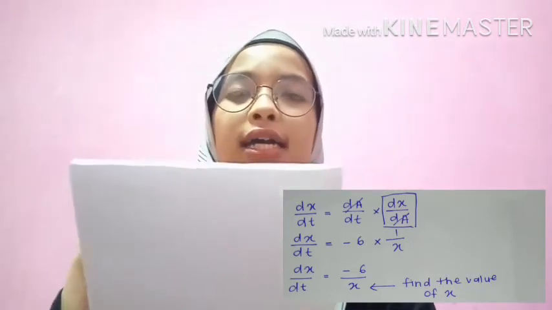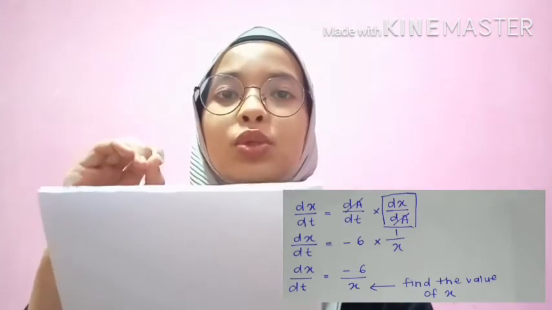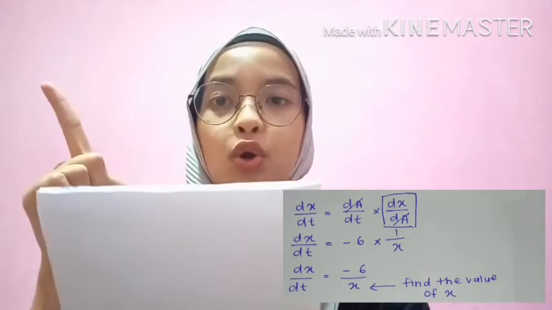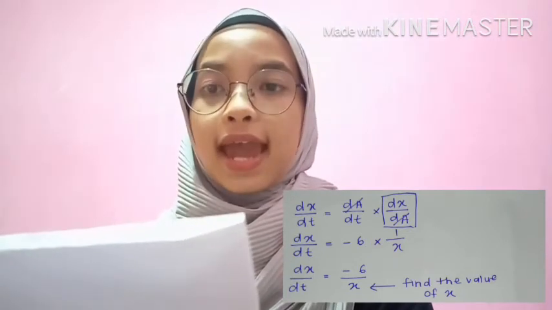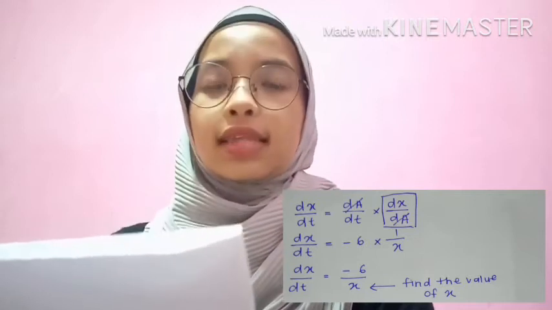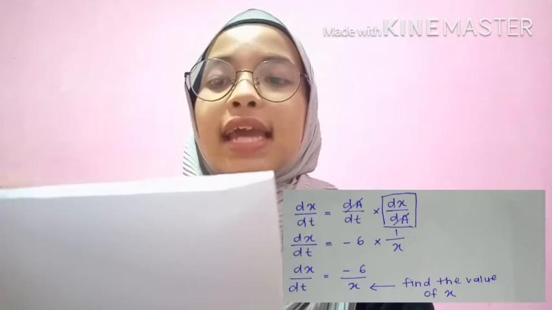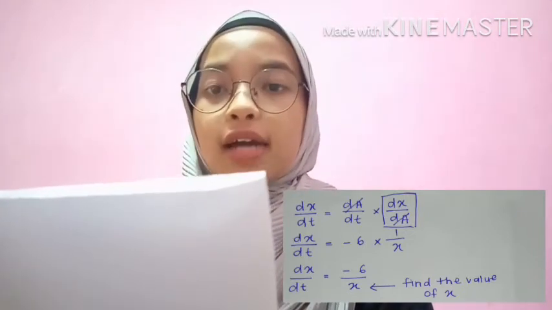We split this equation because we want to cancel out dA so that we can find dx/dt. So, dx/dt equals -6 times 1/x. So, we will get dx/dt equal to -6/x.